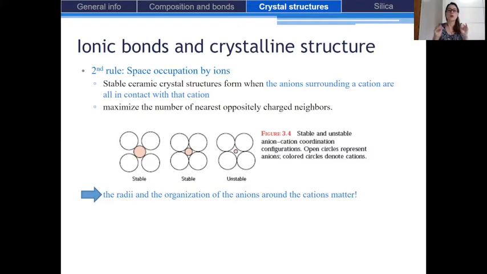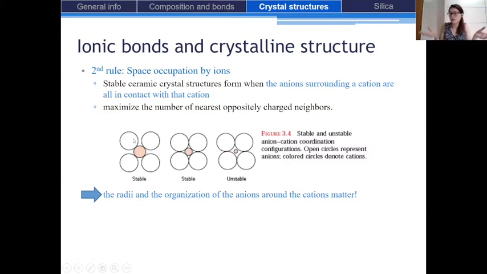Okay, and the second rule is to maximize the number of nearest oppositely charged neighbors. In this figure, three possible configurations are represented. In this representation, the anions are represented as big circles.